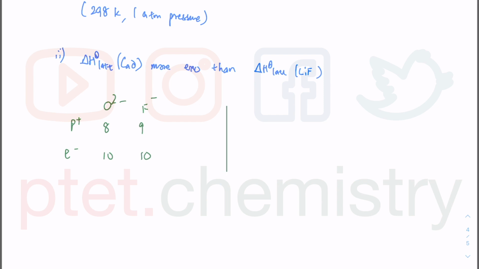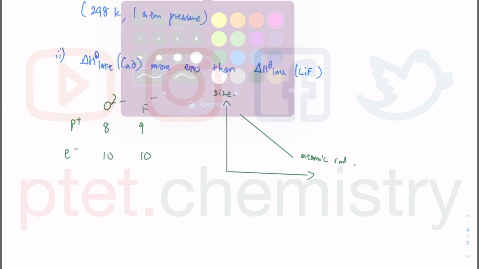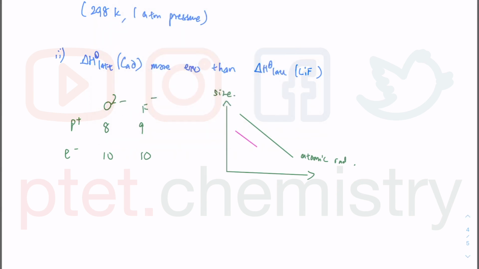As you know from your AS anyway, atomic radius decreases across a period. So this is size or radius. And of course, you also have the ionic radius of cation. The ionic radius of a cation is smaller than the parent atom, but the ionic radius of an anion is bigger than the parent atom, but still the trend decreases.